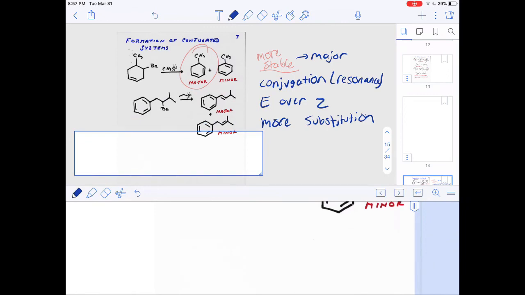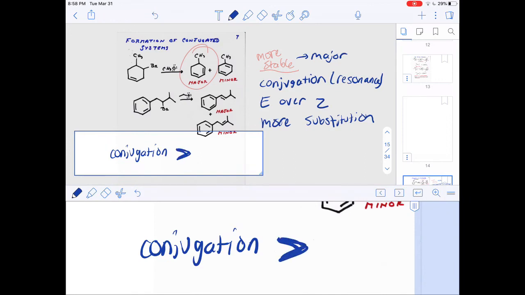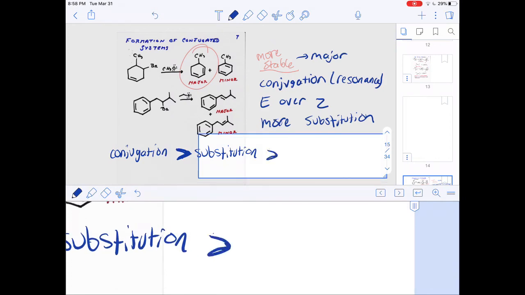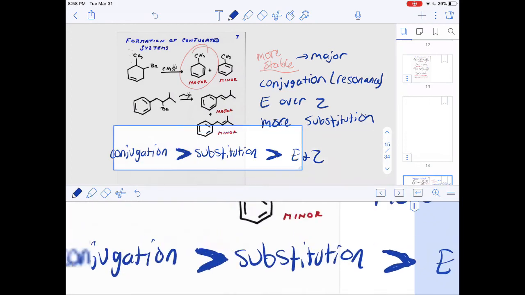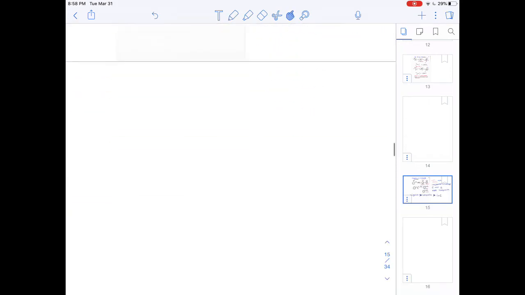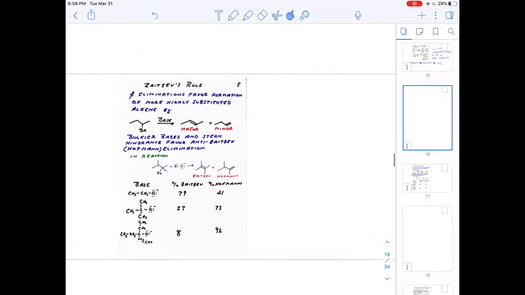So conjugation is more important than E and Z, and more important than being substituted. So I'm going to draw a big arrow. Conjugation over substitution. And then substitution is generally more important than E and Z. Alrighty. Moving along.